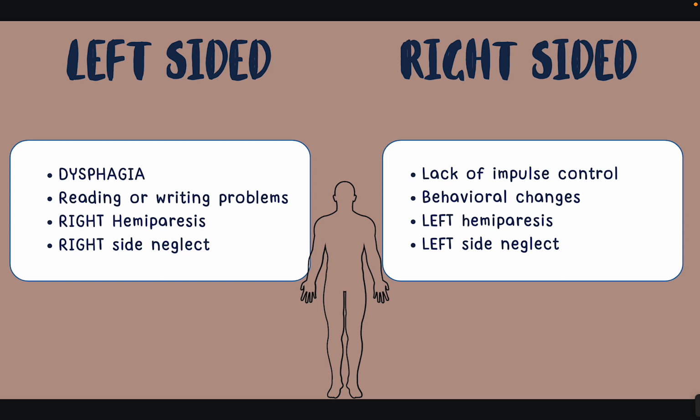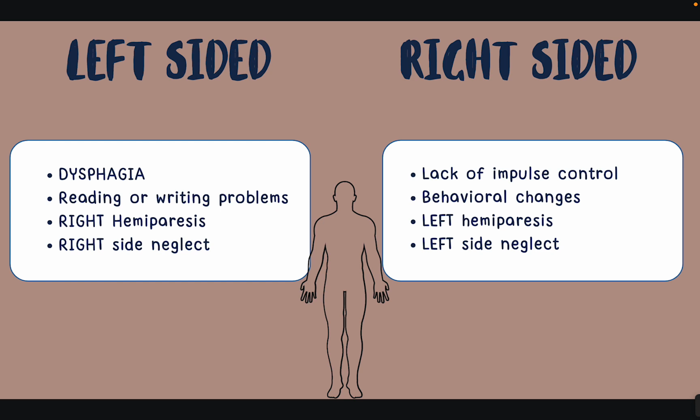And then for your right-sided, it will reflect on your left side of your patient, where they're going to have the left hemiparesis, the left side neglect. They're going to have behavioral changes, so they could actually get very aggressive, or they could get emotional. Whatever the case is, they have behavioral changes that are not their norm. And they also have a lack of impulse control.